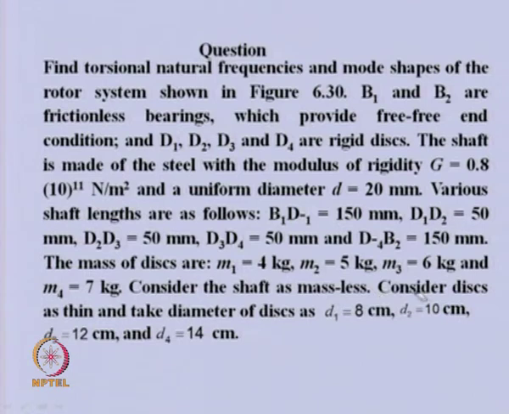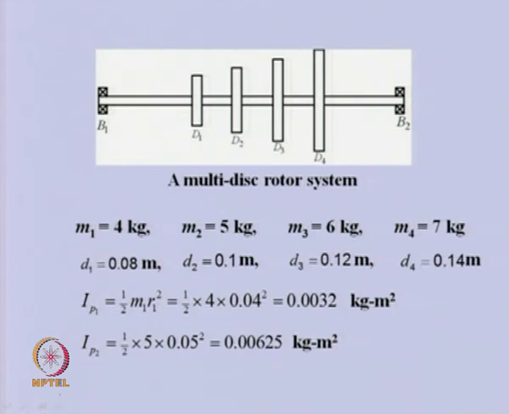So, we can obtain the polar moment of inertia of the disc using this information. All the geometrical, mass and distance data of the discs are provided here, even the modulus of rigidity is given.